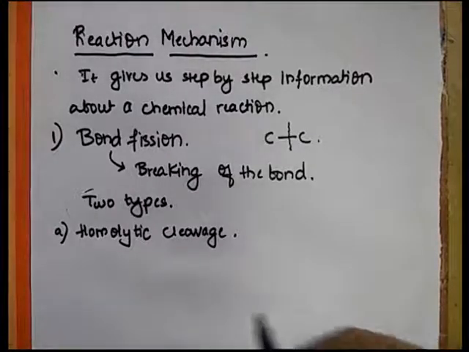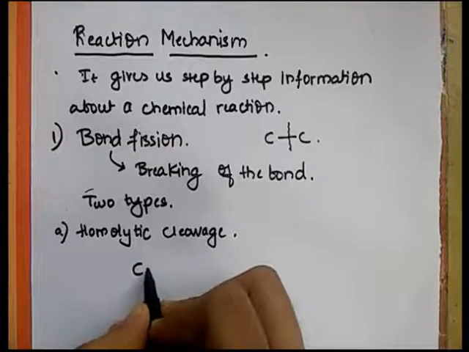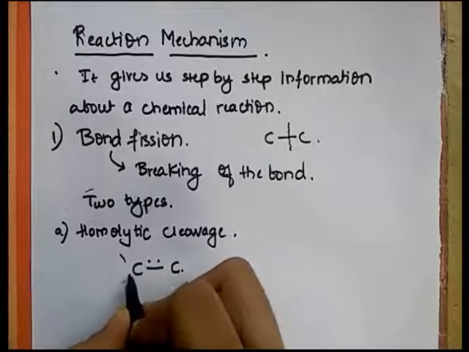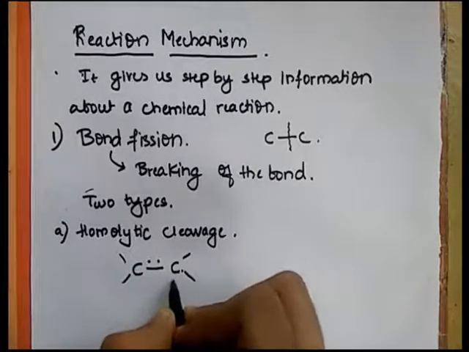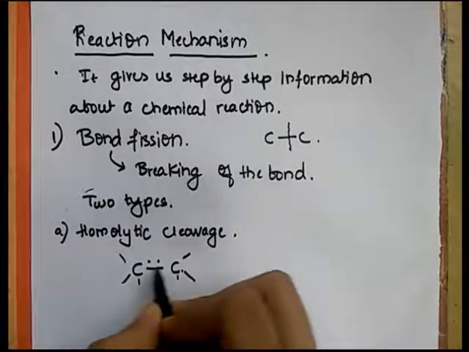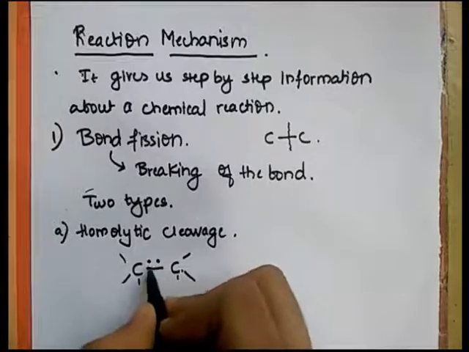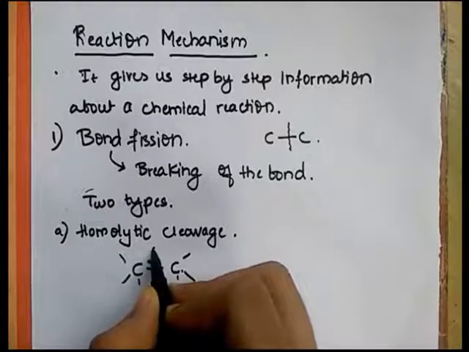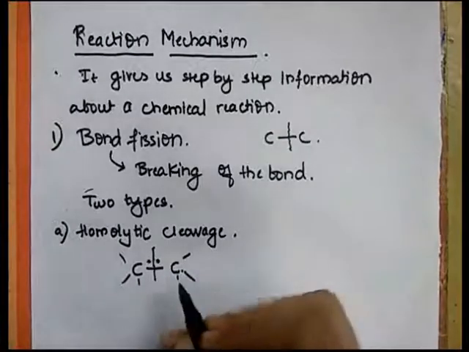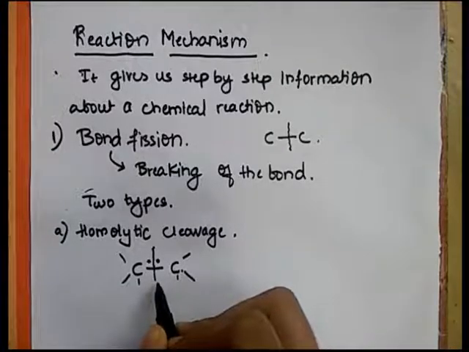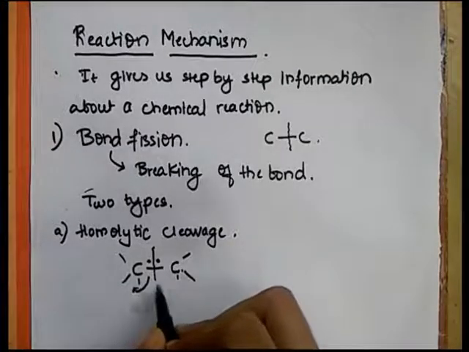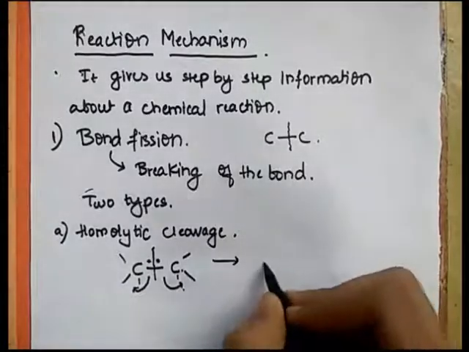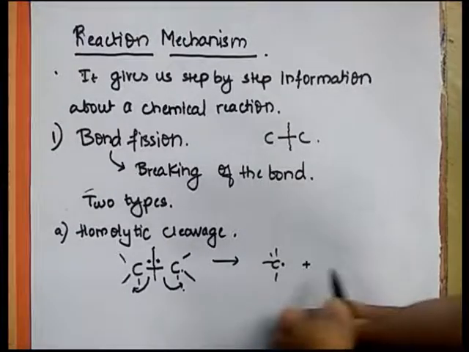Homolytic cleavage means when a sigma bond, which always has two electrons with it, is cleaved by dividing the two electrons, giving one electron to one atom and another to the other atom, an equal share of the electrons, it will lead us to a free radical.